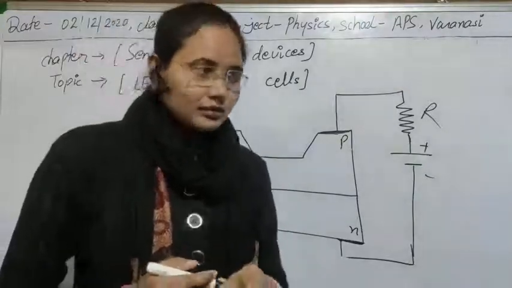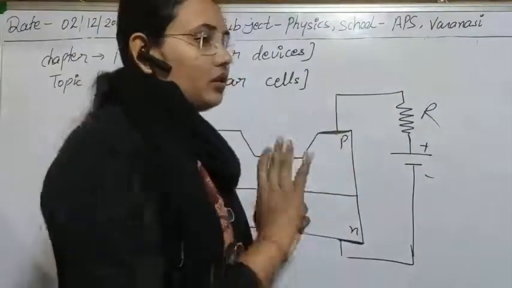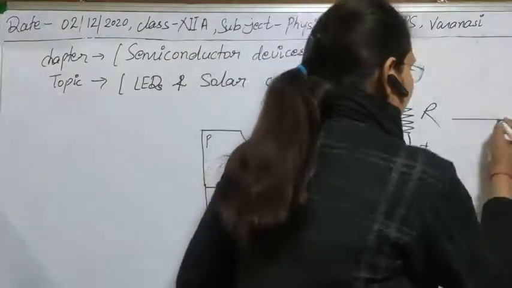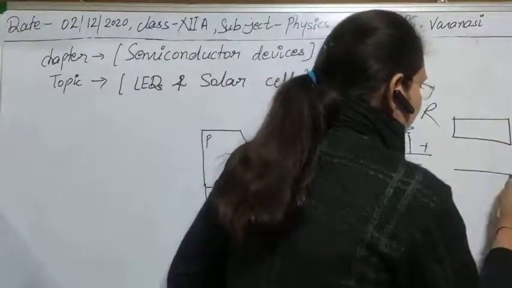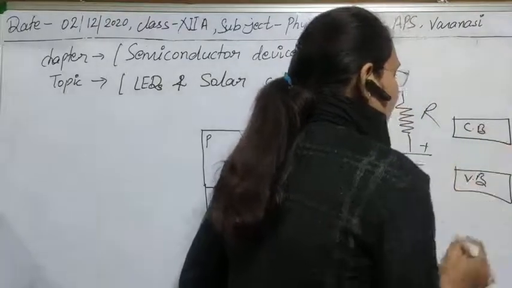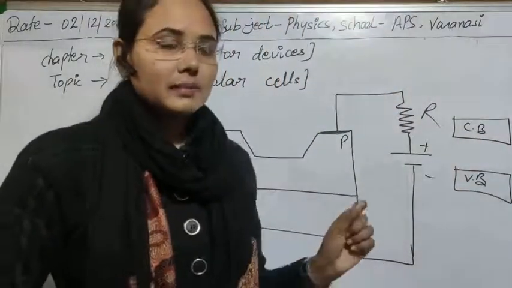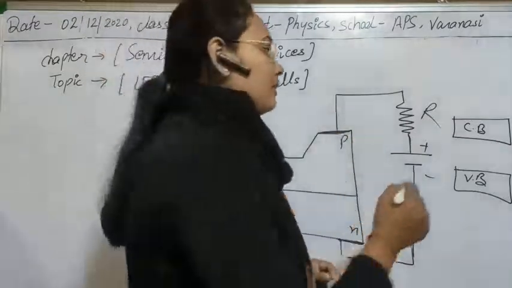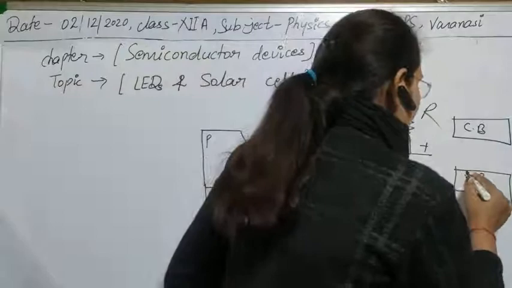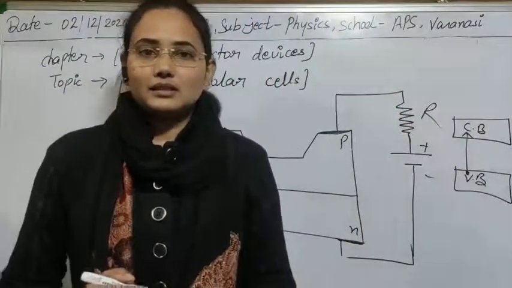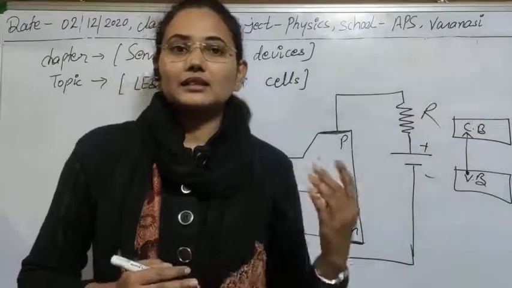I have already explained to you the band picture of solids. In the band picture of solids, suppose this is the conduction band and this is the valence band. Conduction of charge carriers in a PN junction diode takes place whenever an electron jumps from here to the conduction band. At that time we can say that electricity is going to flow.